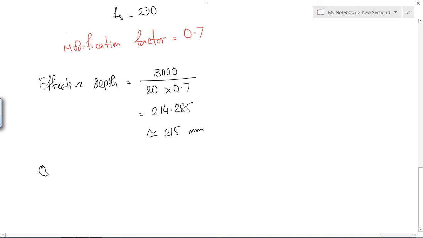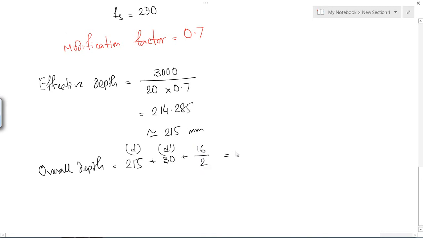Now the overall depth is effective depth, that is d, plus cover 30 millimeter, that is d dash, plus half of one dia bar, 16 millimeter bar divided by 2.